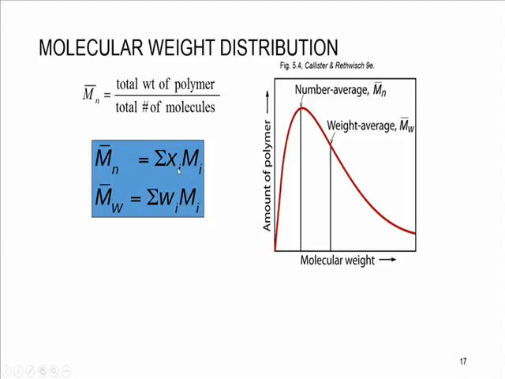That's why it's also defined as this term, as you can see, in which Mi is the mean or middle molecular weight of size range i. xi is the number fraction of chains in size range i, and wi, which is used in order to define weight average molecular weight, M bar w, is the weight fraction of chains in that specific size range.